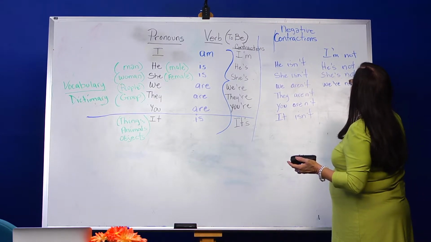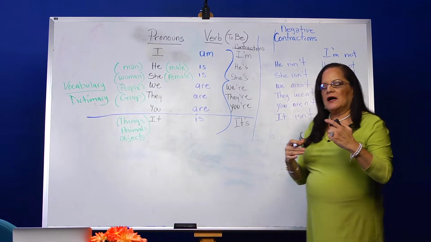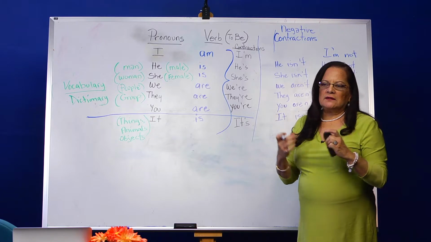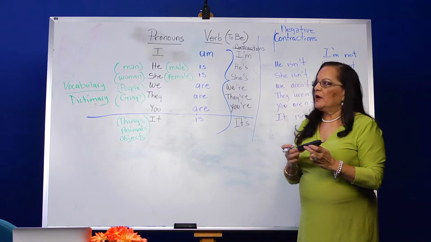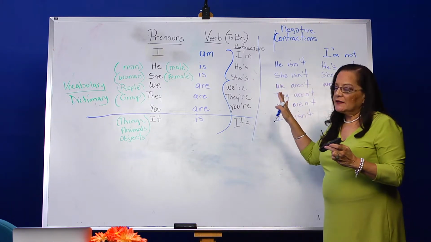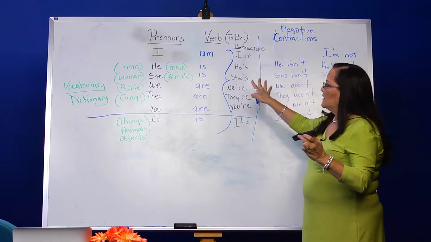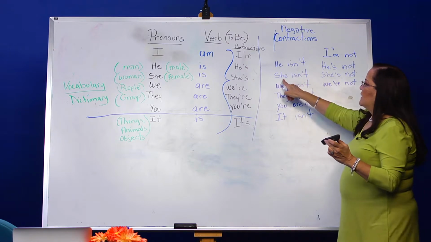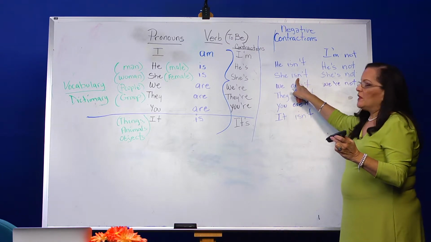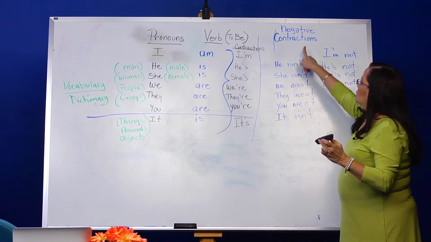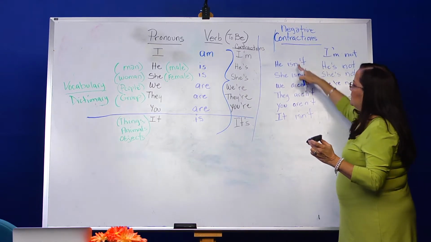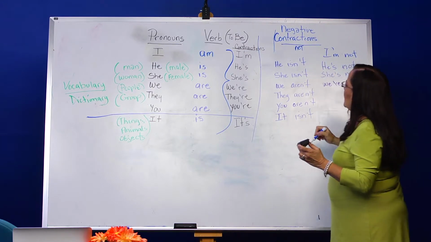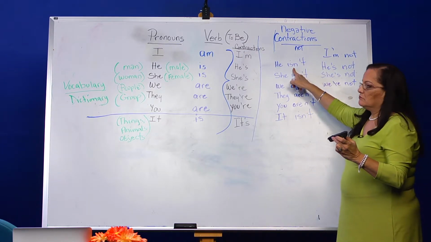She isn't, she's not. We're not. So there's a variety of ways. Conversations can sometimes be different in the way of saying the same thing. But as you see this example, when you use a verb, you can make a negative contraction using the word not, and making it short.